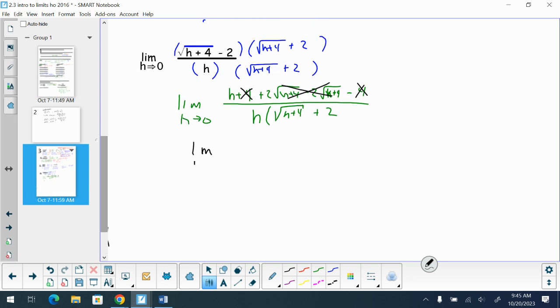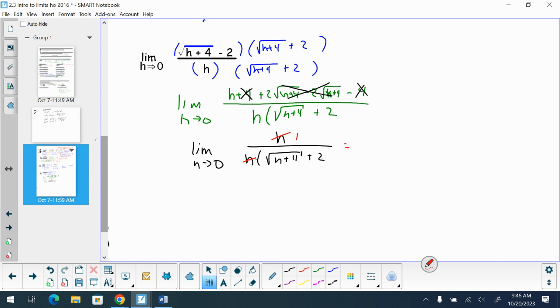So what we're left with is the limit, once again, drag your limit along, as h approaches 0 of h over h times the square root of h plus 4 plus 2. So if I put in my 0 for h, I just get zeros. But I can now cancel those. That gives us 1 on top.